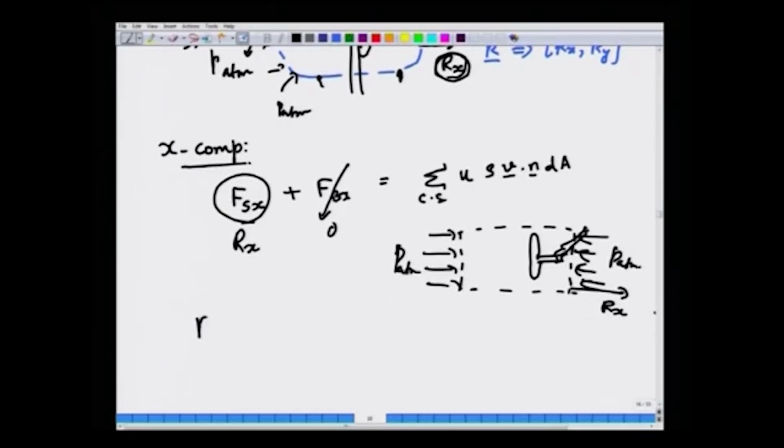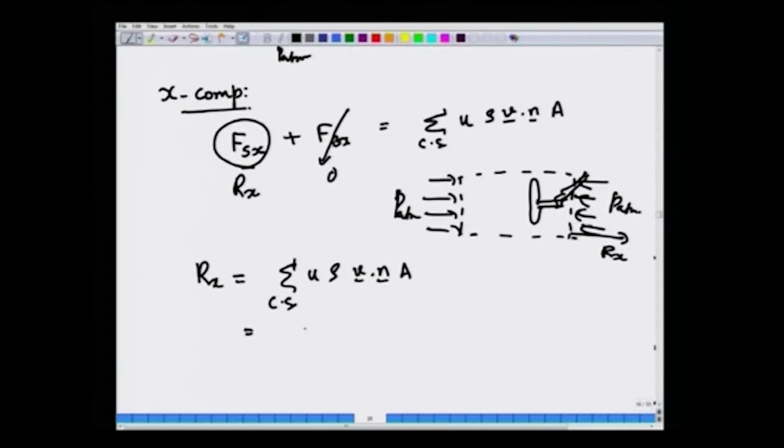Okay. So, R x is equal to the summation over the control surface of u rho v dot n dA, times A, because you have already integrated it out; it is a uniform flow approximation. Now, along the x direction there is only inlet of momentum, there is no exit of momentum.